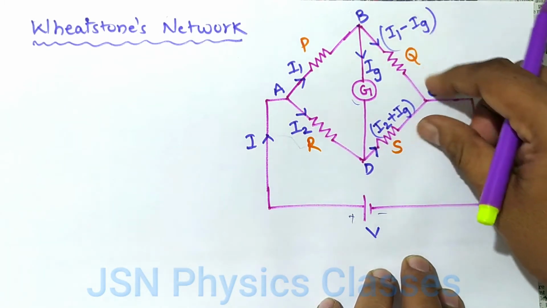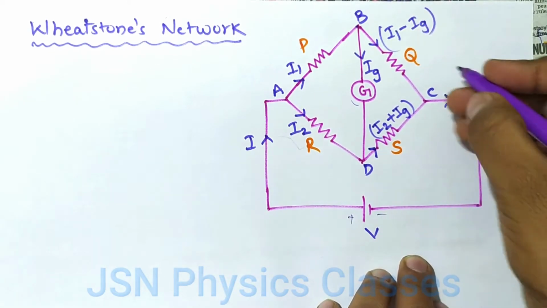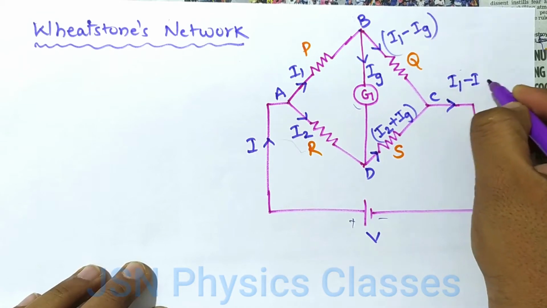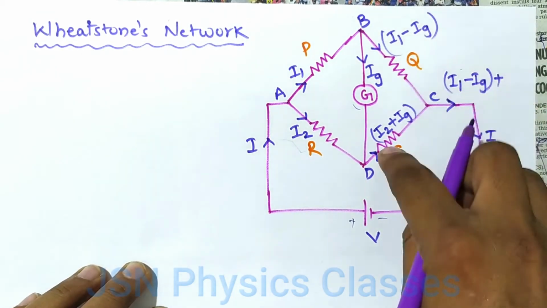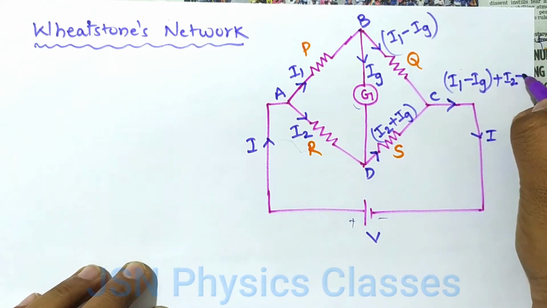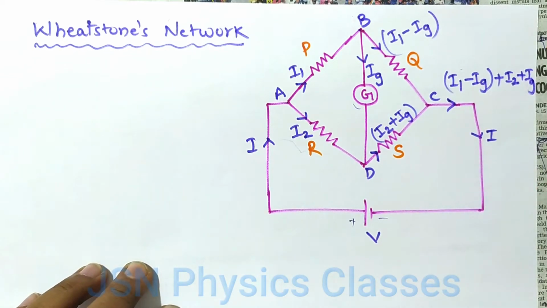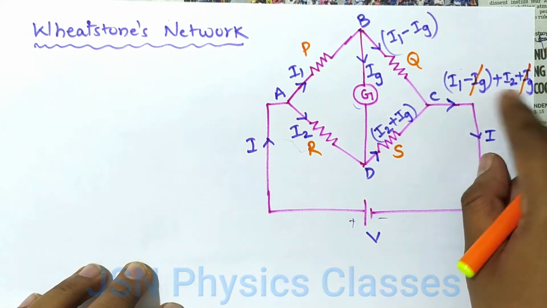Again these two currents meet, means add, at junction C. So that means here I1 minus Ig plus, because these two are adding here, I2 plus Ig. See here Ig is a common term, so Ig will get cancelled.